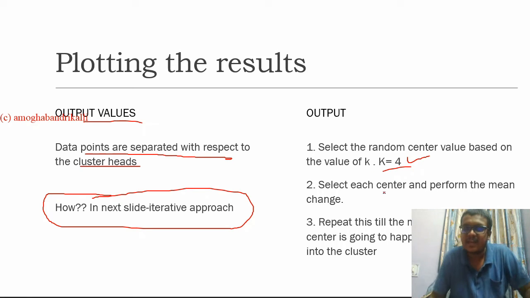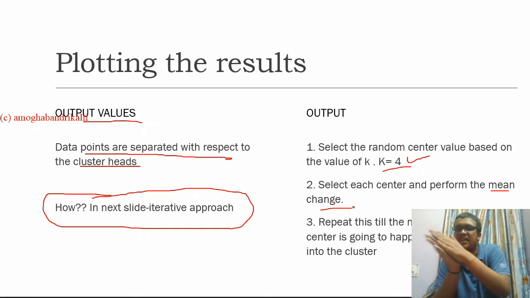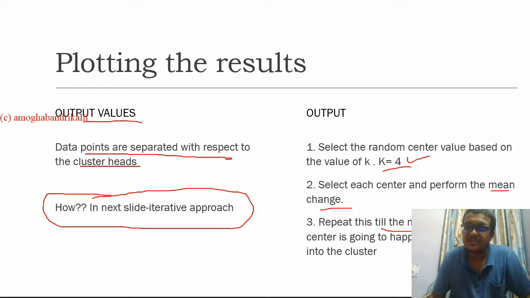In that scenario, find the mean change between a cluster head and a point. If it is nearer, make it part of this cluster. If it is far, push that point to the next cluster. Repeat this till the minimum mean of the center is reached.